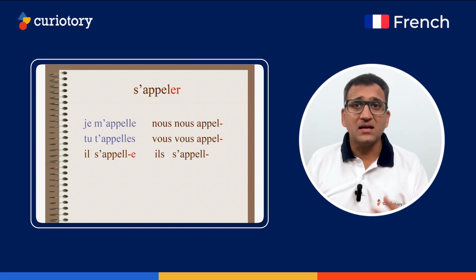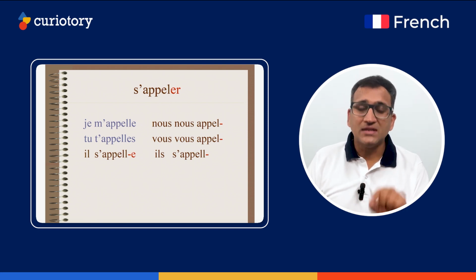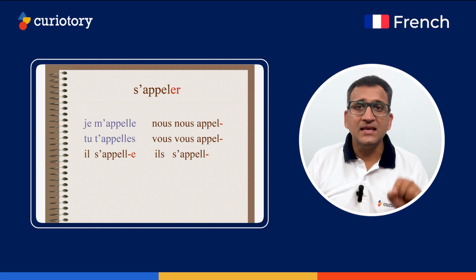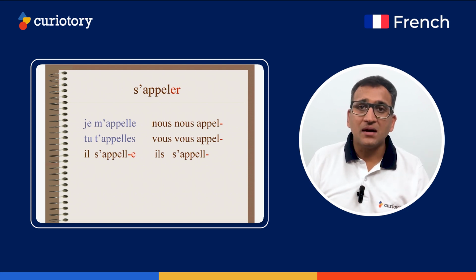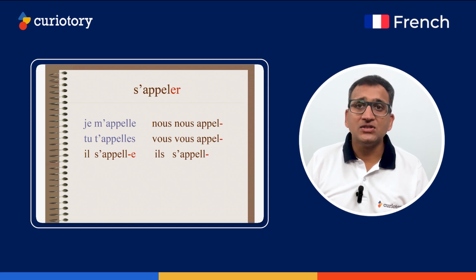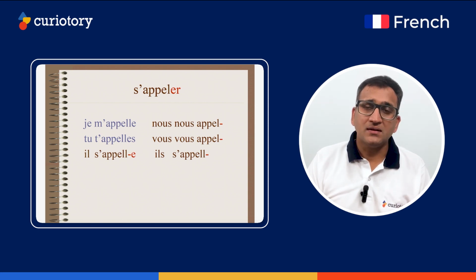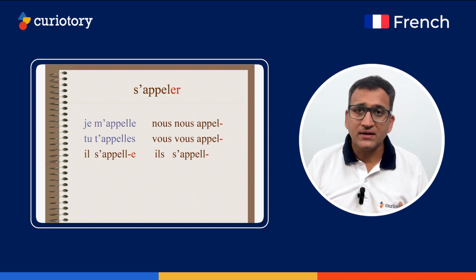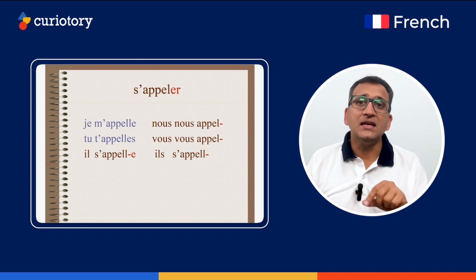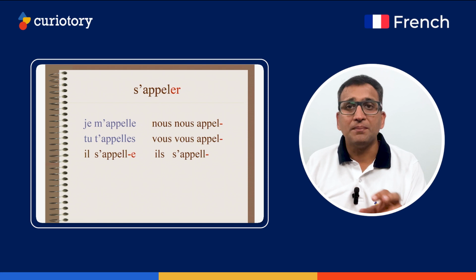Now, why that s apostrophe? Let me explain that as well. Originally it should be se, but in French the e is gone and an apostrophe has come into the picture because the word appeler starts with a vowel. So that's why the e is gone and s apostrophe has taken the place of e. You got it? So in the first, je m'appelle, it should be me, the e is gone, and then m apostrophe appelle, je m'appelle.